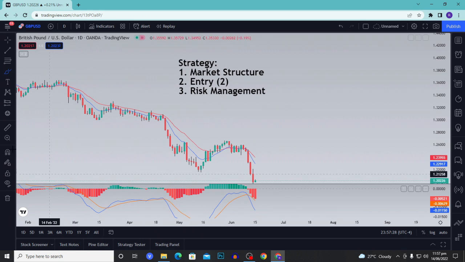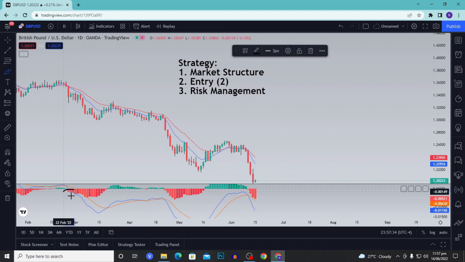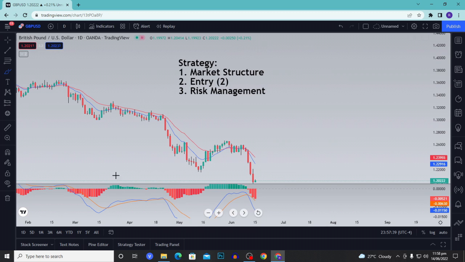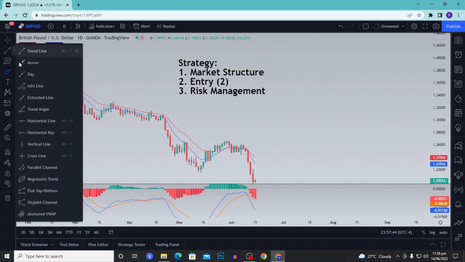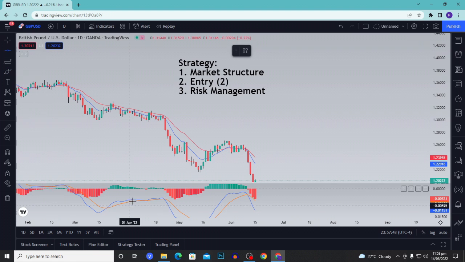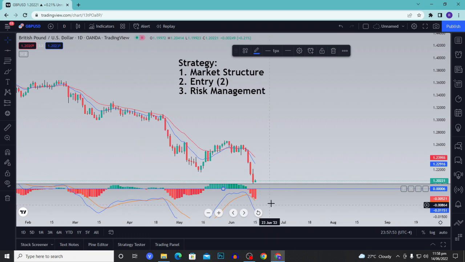Along with that, I look for the EMA, the blue line on the default settings of the MACD on TradingView. I look for that to cross below the 0 point on the MACD. And just like I explained in my previous video, the 0 point is this point right here.